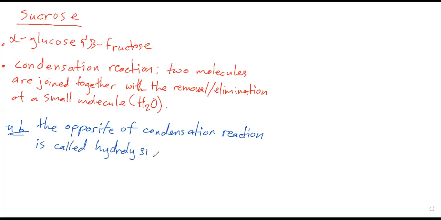They have condensation and they have hydrolysis. So to form sucrose, we're going to join up glucose and fructose by removing a molecule of water. And so that is condensation. Now, if you want to break sucrose back up, you're going to add back water to it. So in hydrolysis, continue.